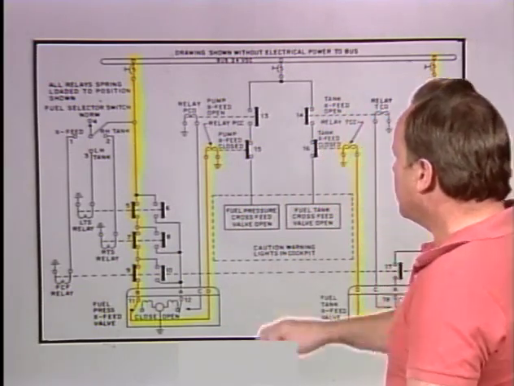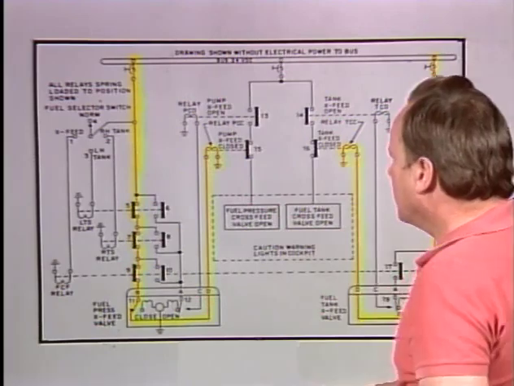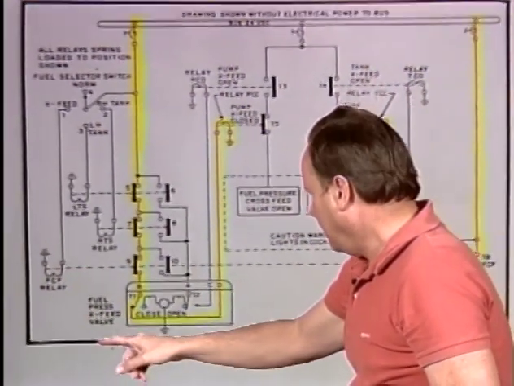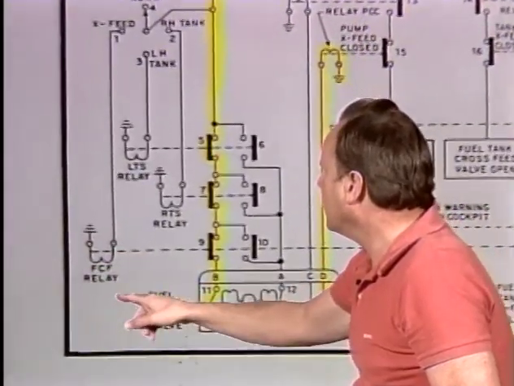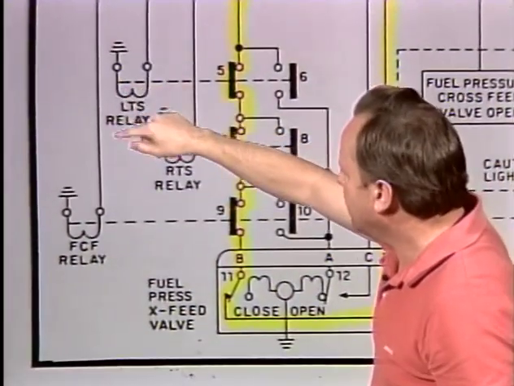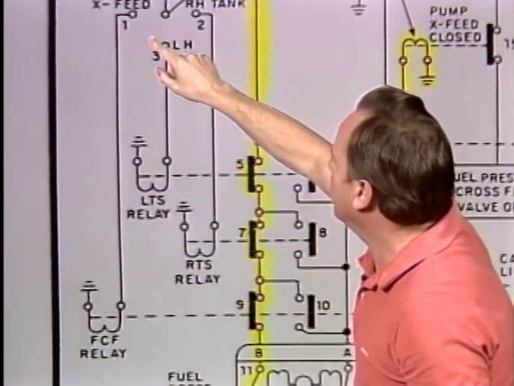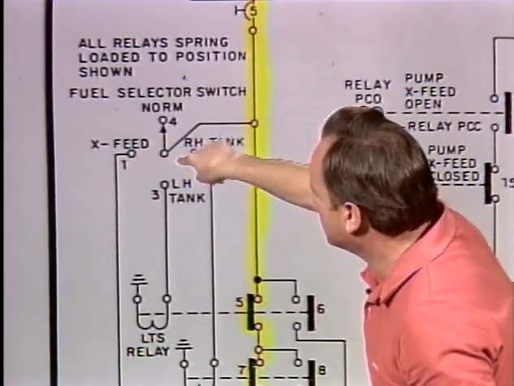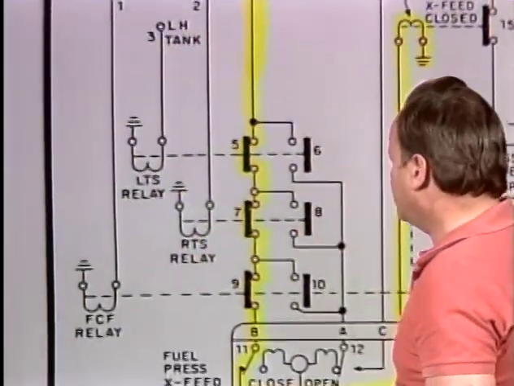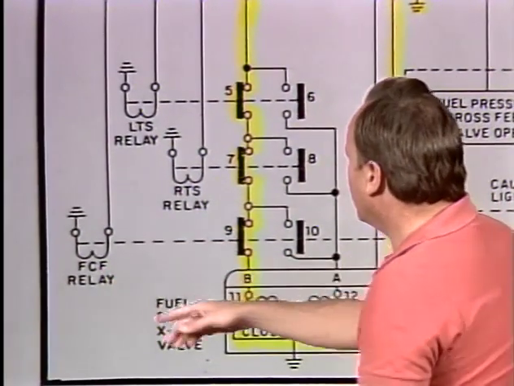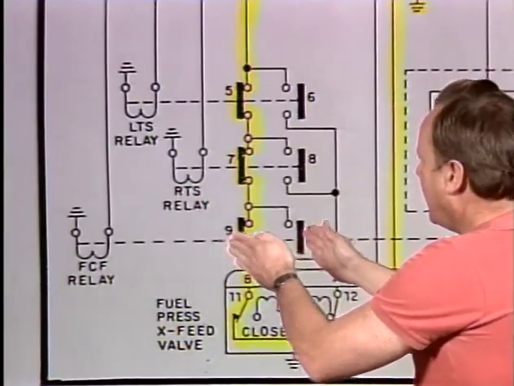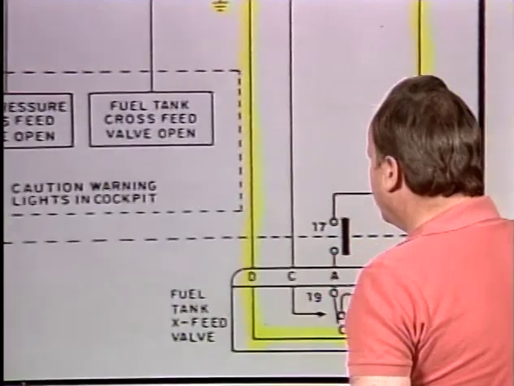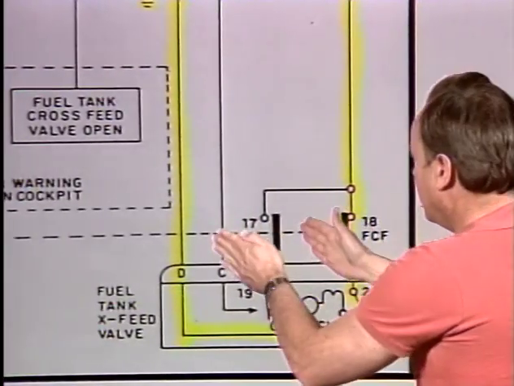So you can see that these are the two routes of current. Let's take a look over here on the left-hand side. We have the cross-feed relay right here, and this is the fuel cross-feed relay. That only gets activated when the switch up here at the top is in the cross-feed position. If it's in the cross-feed position, then power comes over here. So you can see that this cross-feed relay, when it's on, would pull 9 and 10 over, and it would also activate the far right-hand side down here and pull 17 and 18 over.